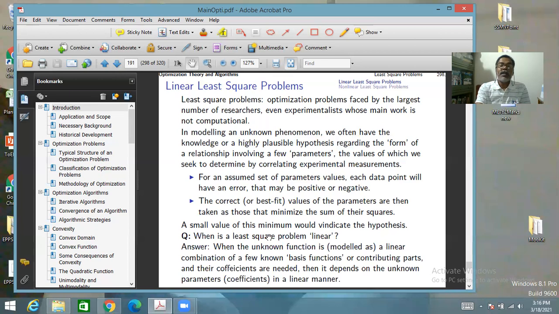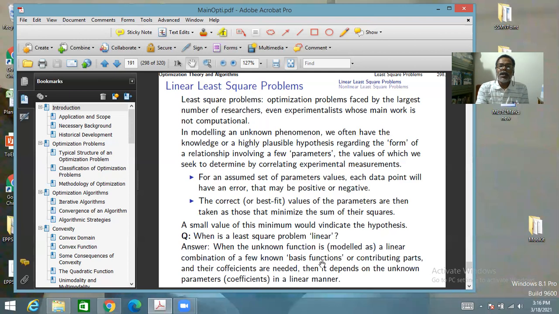So when is the problem linear? When the unknown function is, for simplicity, modeled as a linear combination of a few known basis functions. As if the unknown function is a contribution of several parts. The form of each contribution is completely known except how much of that goes into the unknown function, the coefficient.